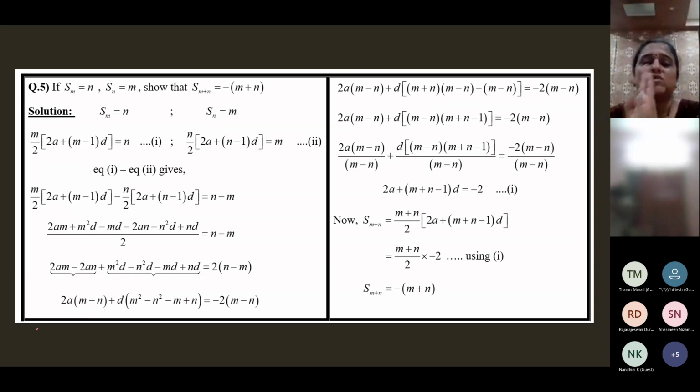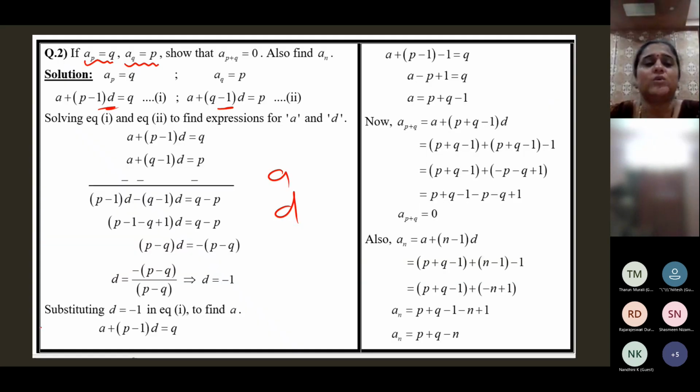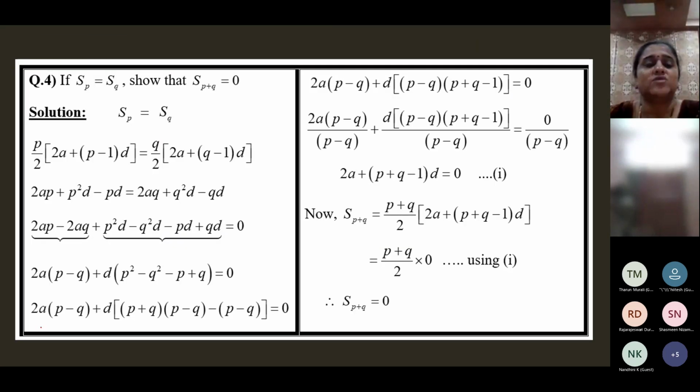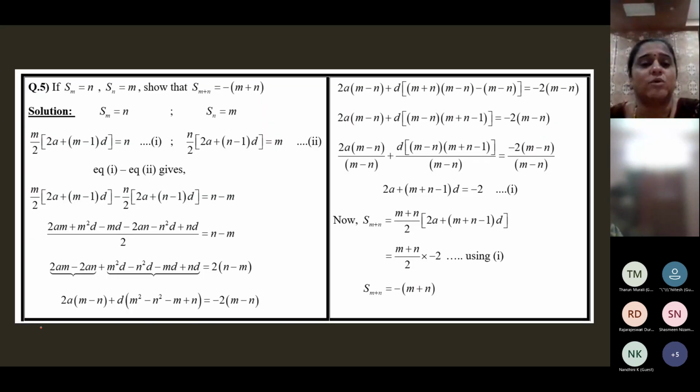You can do it like that also, but this presentation is easier and more comfortable. So remember, when you have equations about the terms, write the equations one below the other and solve them to find the expressions for a and d. If it is about the sum to m terms and sum to n terms, then subtract the two equations. So equation 1 minus equation 2 gives what?